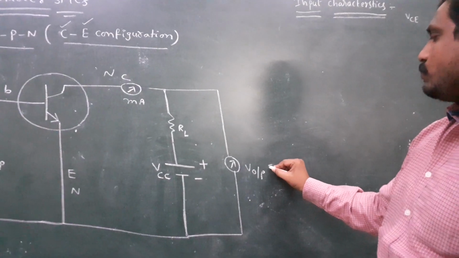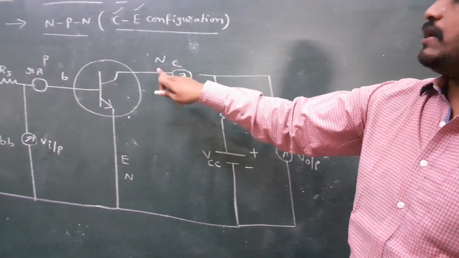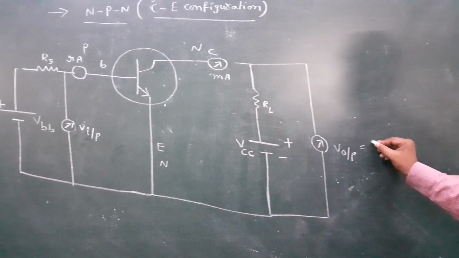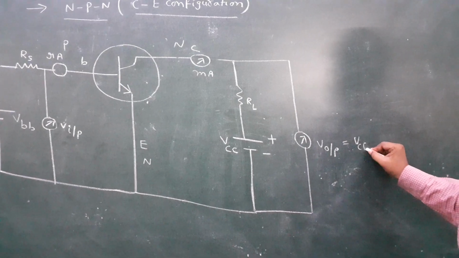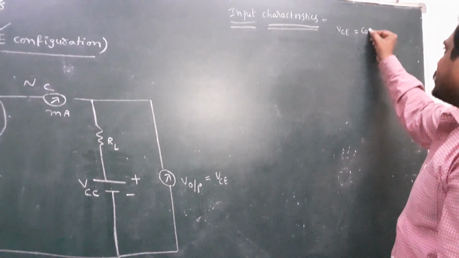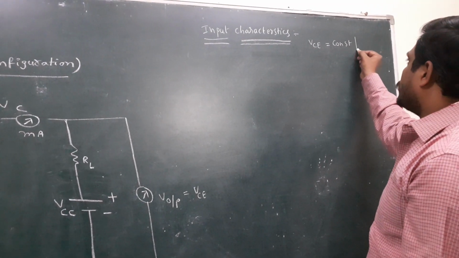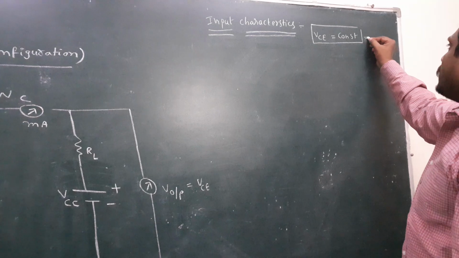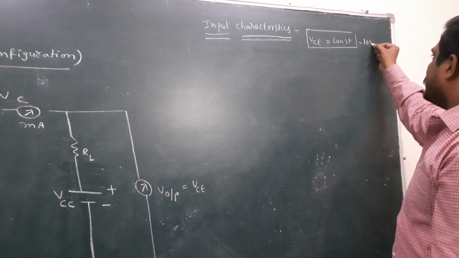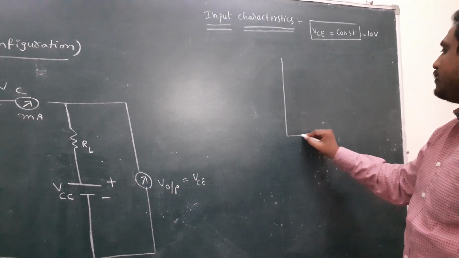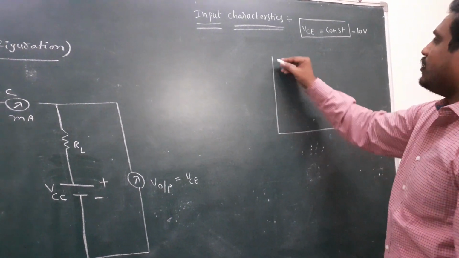Here V output equals the output connected between collector and emitter, so the output is nothing but VCE. To study the input, the output voltage is constant. Suppose the output voltage is fixed at 10 volts. I draw the graph Nana. This is the experimental graph.